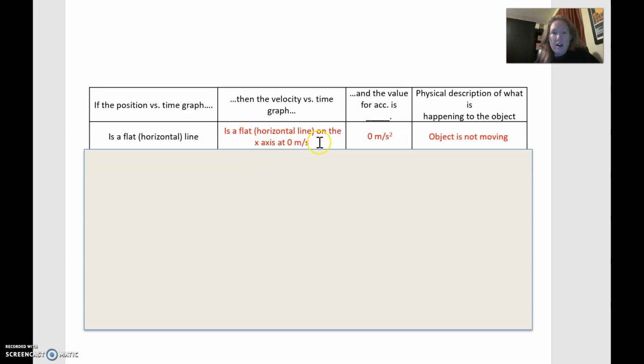So you would just draw a flat line, because the slope of a horizontal line is 0. And if that's not changing as time goes by, you would just draw another horizontal line, but this time at 0 meters per second, or whatever your units would be. Okay, and then if this is a flat line as well, the slope of that is going to be 0 as well. And we just said it's standing still, so it's not moving. Okay, so if you want to pause the video to write that down.